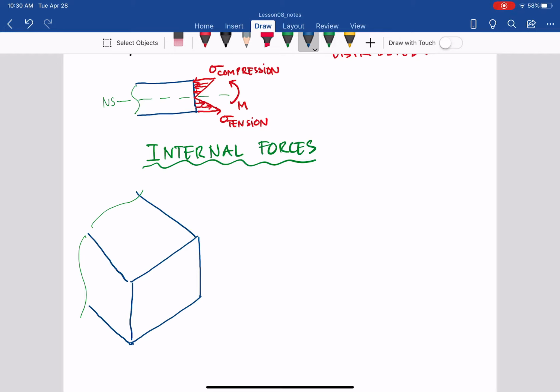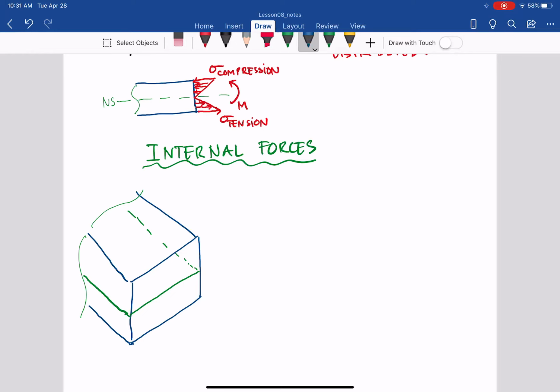And the neutral surface, because that is a rectangle, will go through the middle, the centroid. And if you see that here, there will be a hidden neutral surface on the other side.